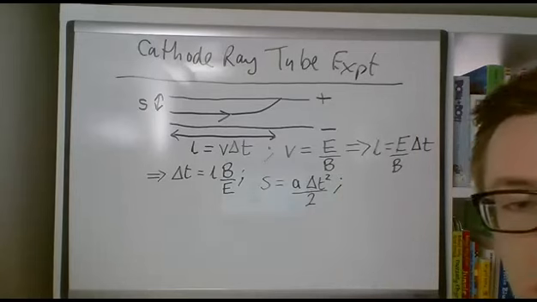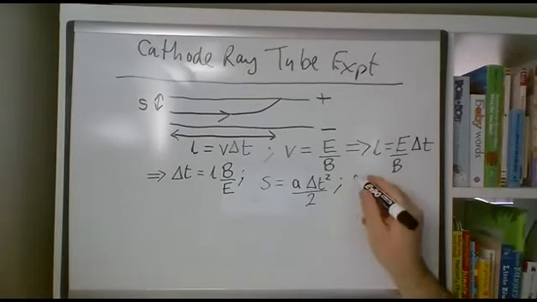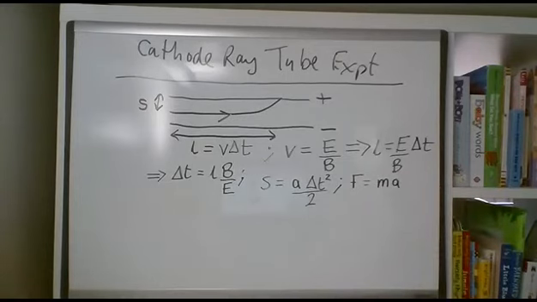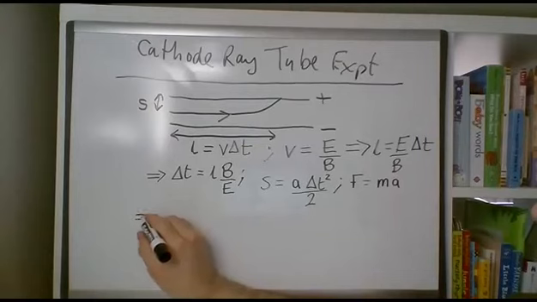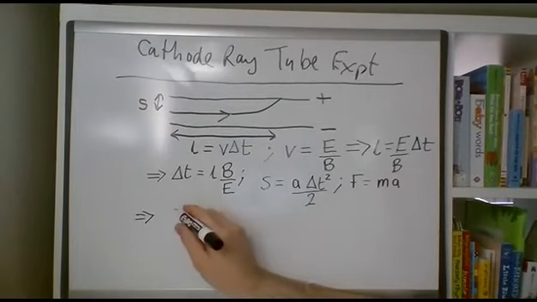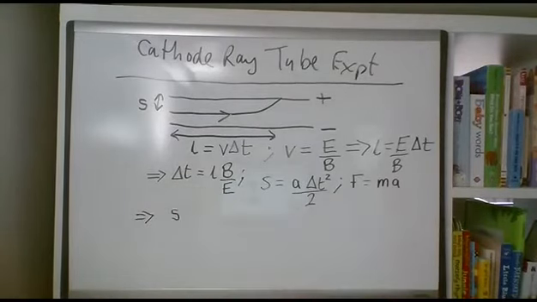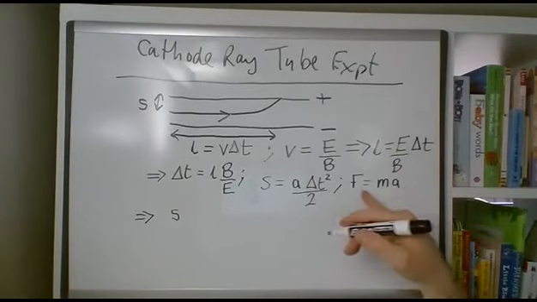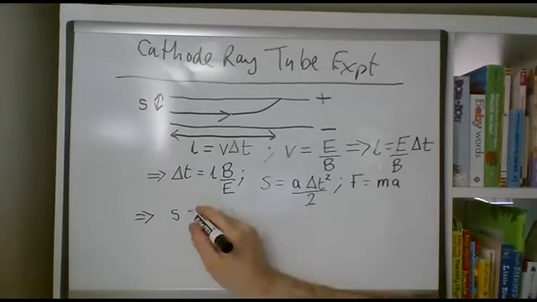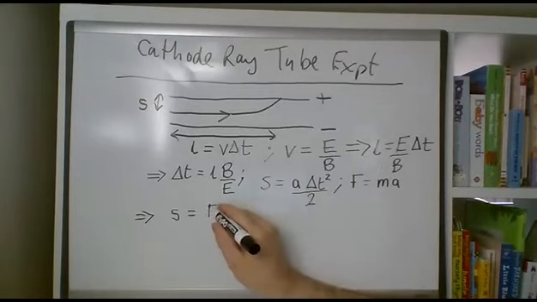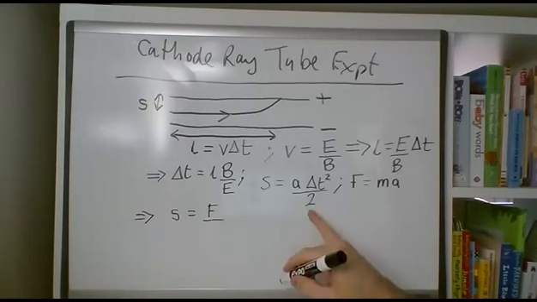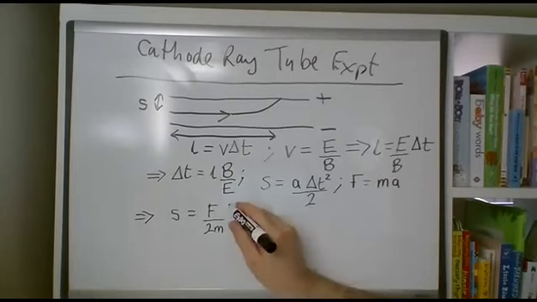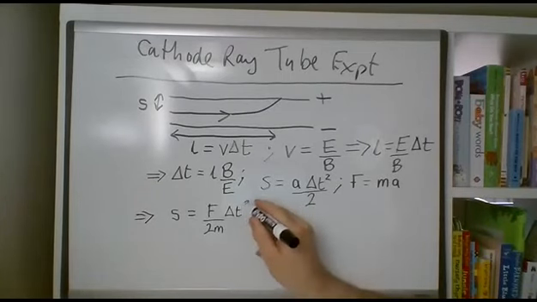We also know from Newton's second law that force is mass times acceleration. So this implies that the deflection distance S, if we replace a with F divided by m, equals F divided by 2m multiplied by the time of flight squared.